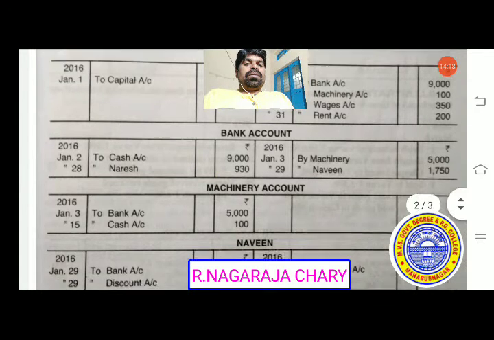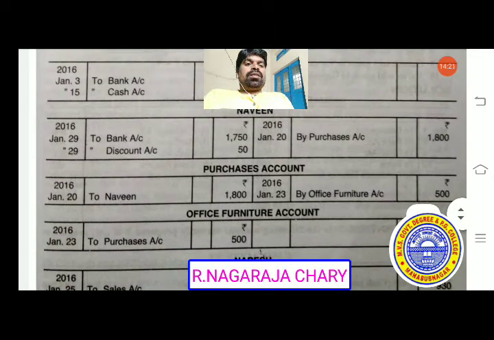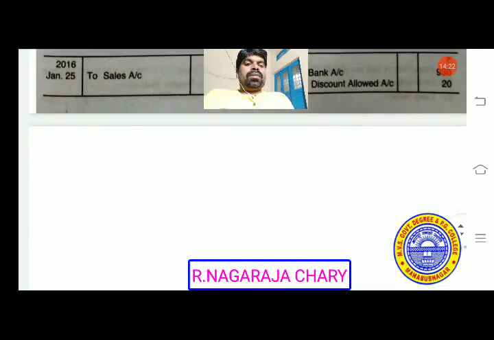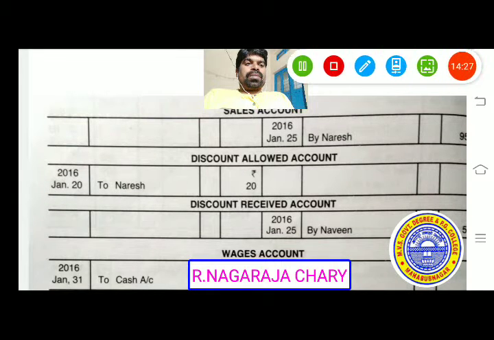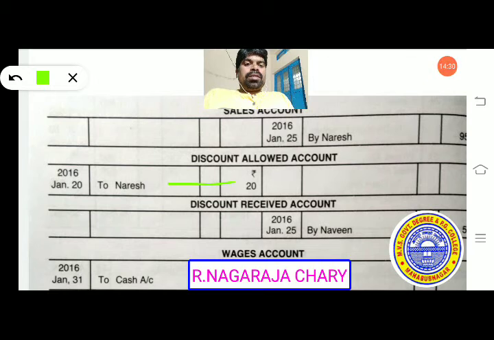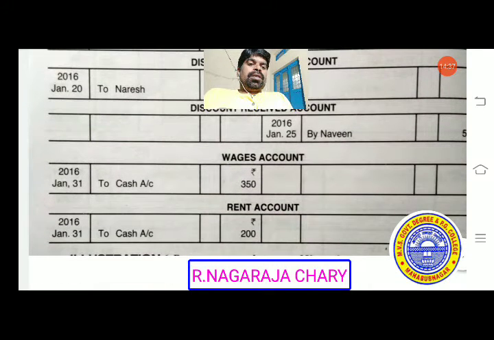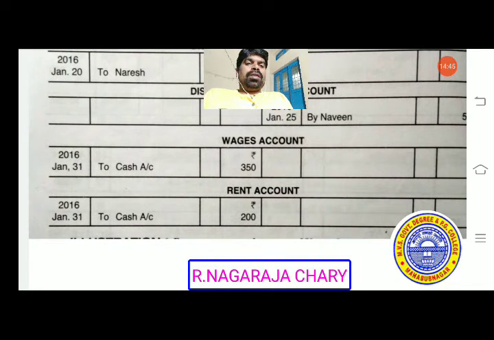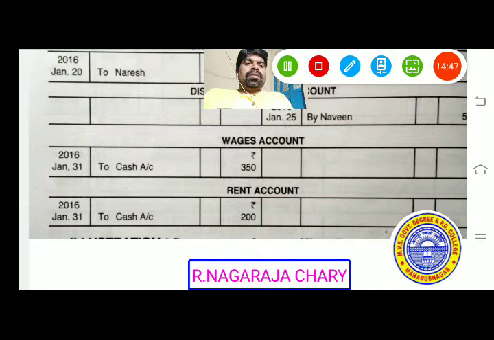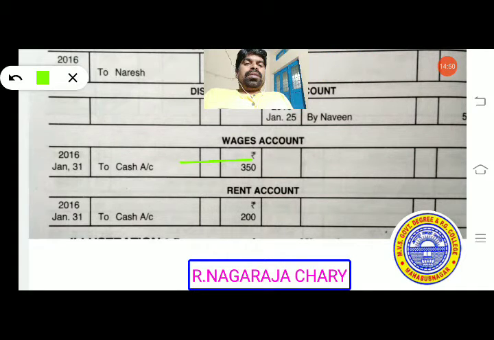And discount, where is discount, this discount 20 rupees, in the same way discount allowed. Wages, so last one, wages account, rent account debit to cash account. So this is recorded, wages 350 and rent 200 rupees recorded.